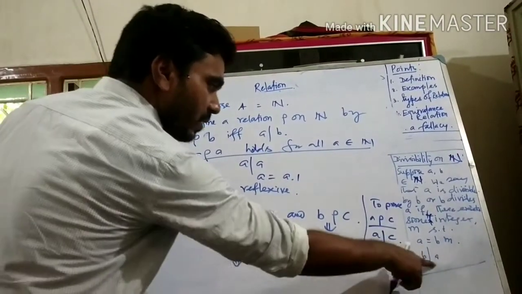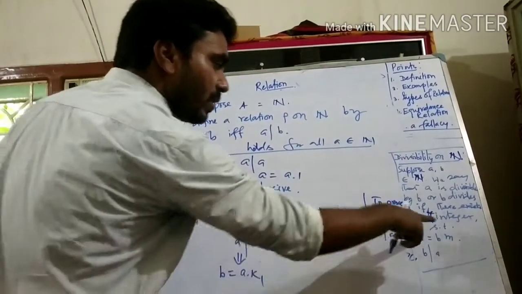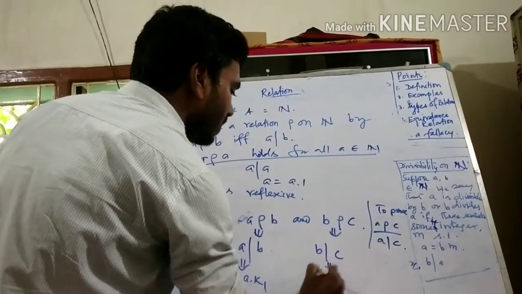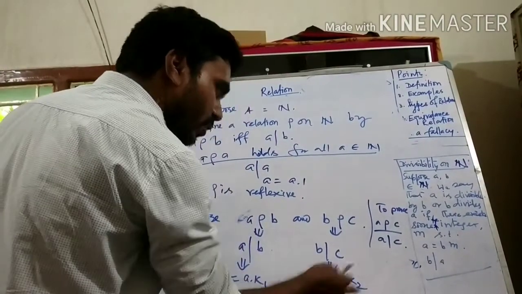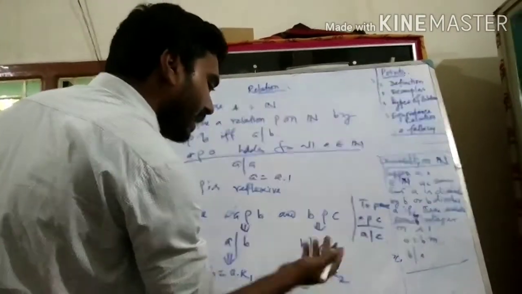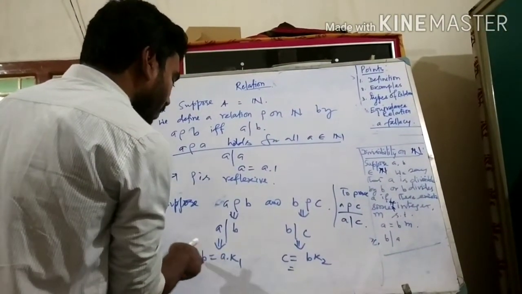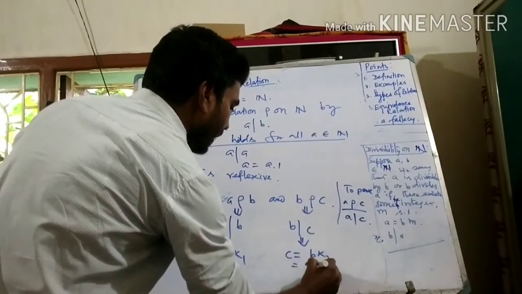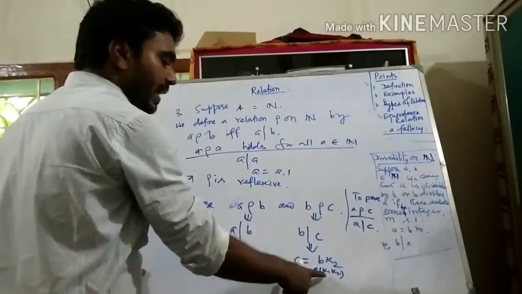From this definition, B is equal to A K1, where K1 is a positive integer. And C is equal to B K2, where K1, K2 are positive integers or natural numbers. Now put the value of B here: C is equal to A into K1 K2.